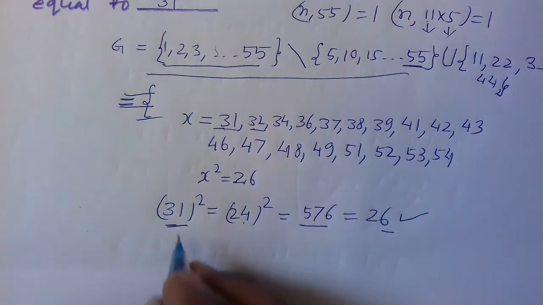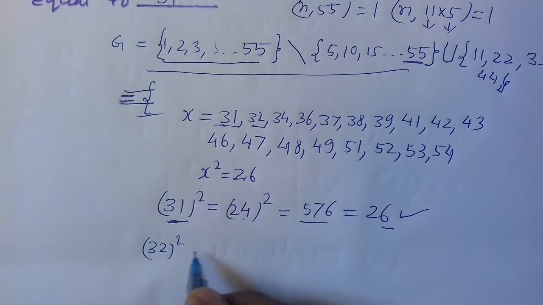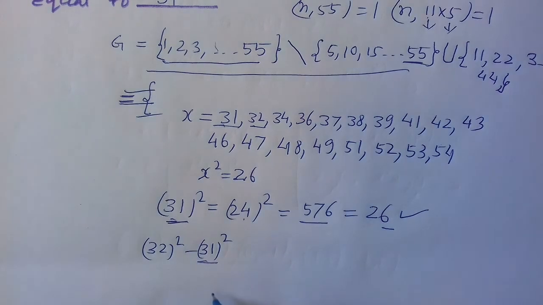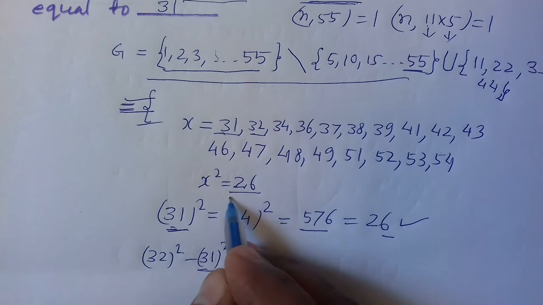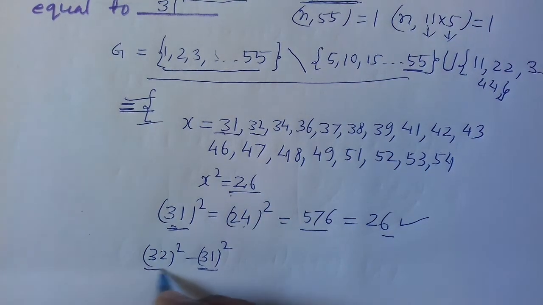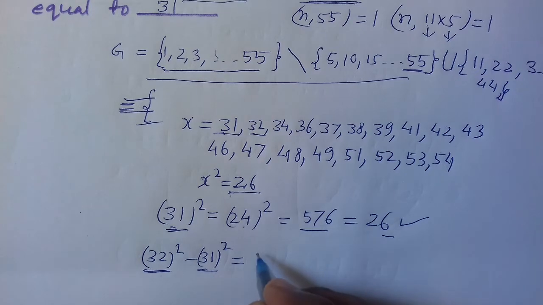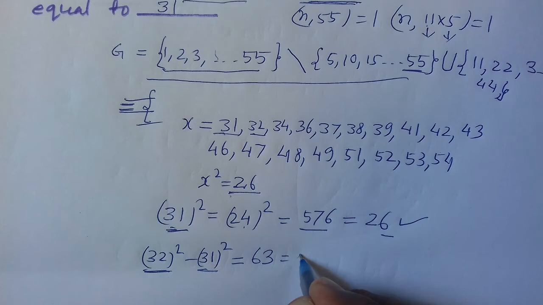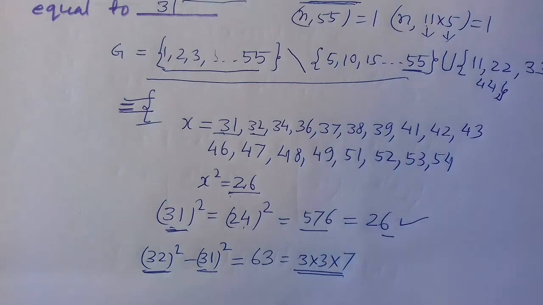If you take 32, then 32 square minus 31 square, where 31 square is already 26, so we have to check for 32. If you find this, then you will get 63, and 63 means 3 into 3 into 7. This number is not a multiple of 55.